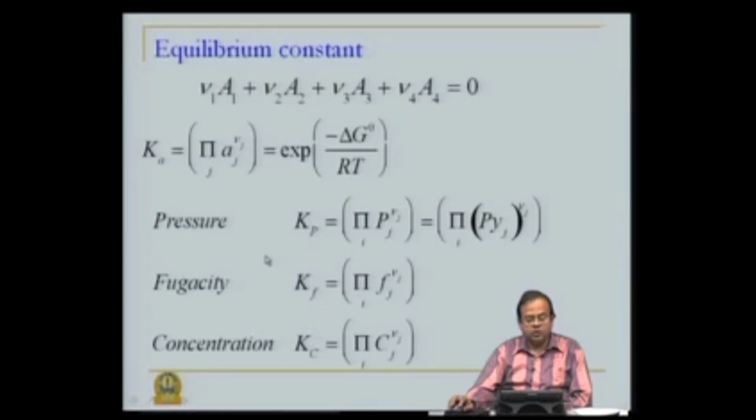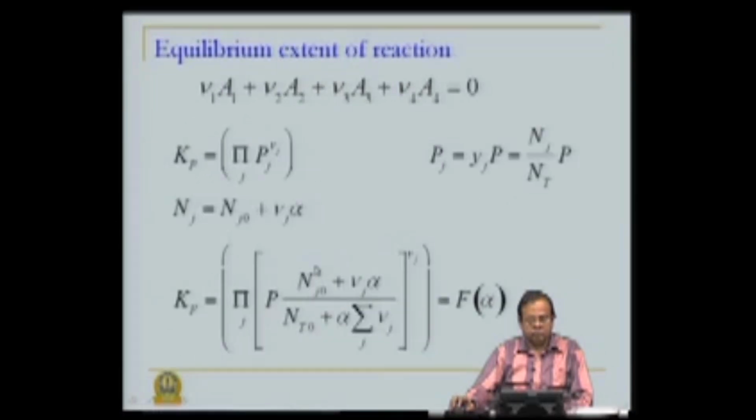Or if we choose to express the composition of the reacting mixture in terms of concentrations, then we have the equilibrium constant Kc, which is this product. So, depending upon how we choose to represent our composition, we will have different definitions and different equilibrium constants. But it is important to remember this thermodynamic property, that the equilibrium constant is exponential of minus delta G 0 by RT, and one can actually show a definite relationship between all these different kinds of equilibrium constants.